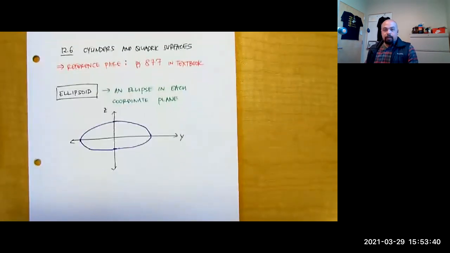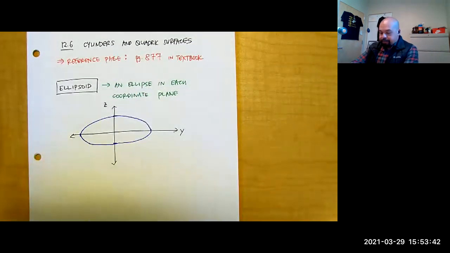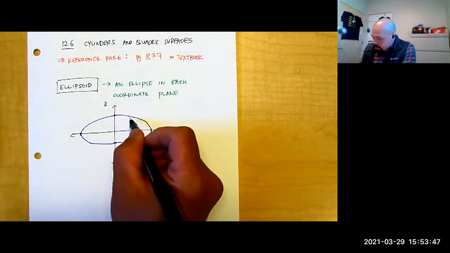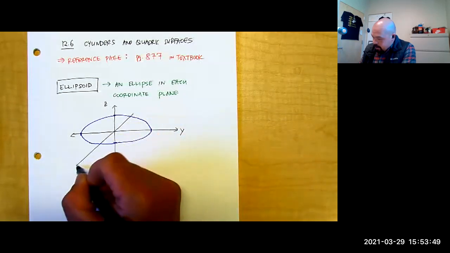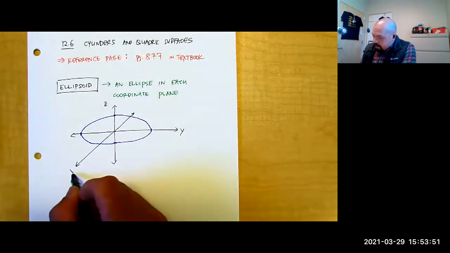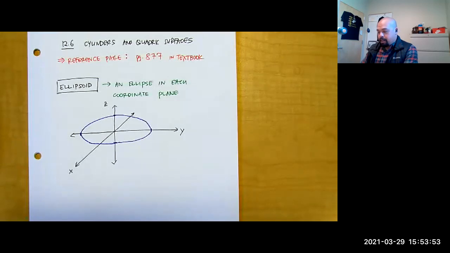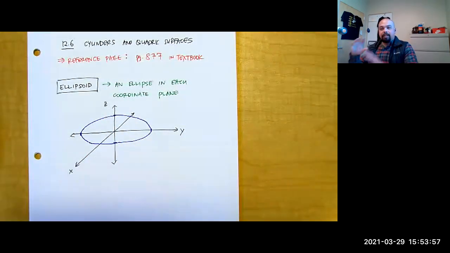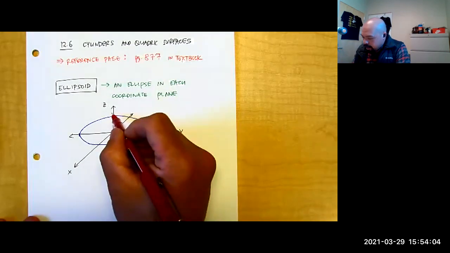Likewise, zoom in a little bit. If we were to start to bring in that x-axis in the xz plane, and again, now this is where that 3 dimension starts to get a little bit weird on us, right? We have another ellipse.